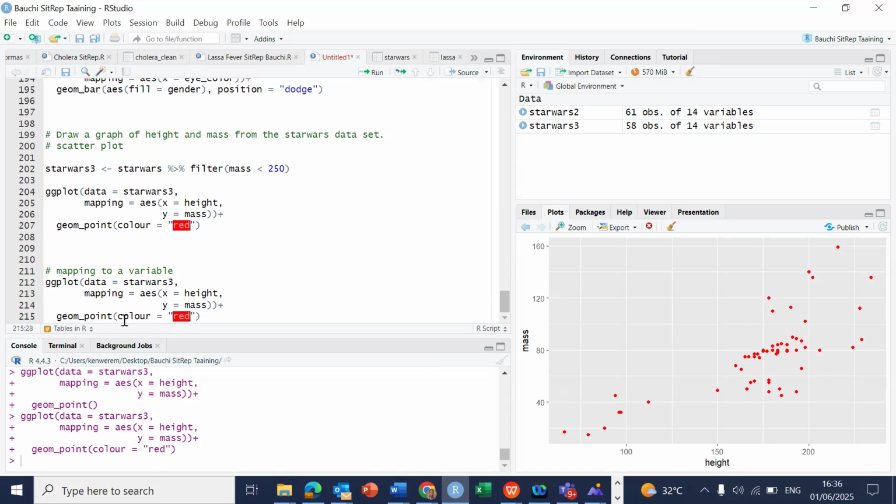But if we're going to map it to a variable, let's say color equal to gender, so that you see these points split by male and female, it will be color equal to gender, but it has to be inside an aes. So within the geom_point, I'll write aes, open its own bracket, and then paste the color equal to gender.